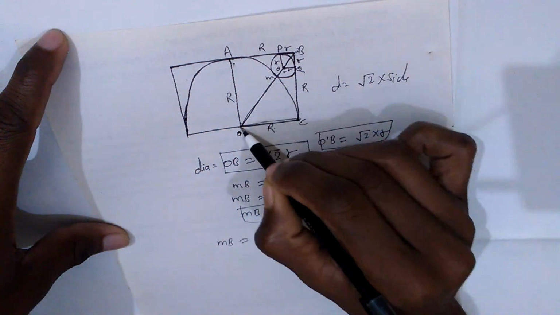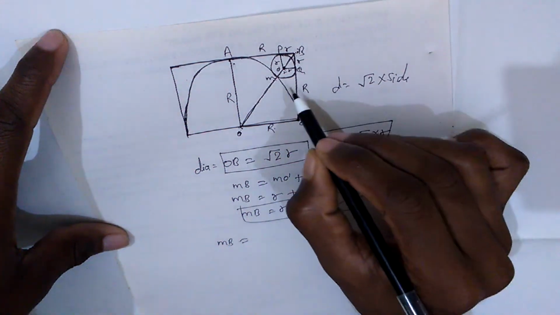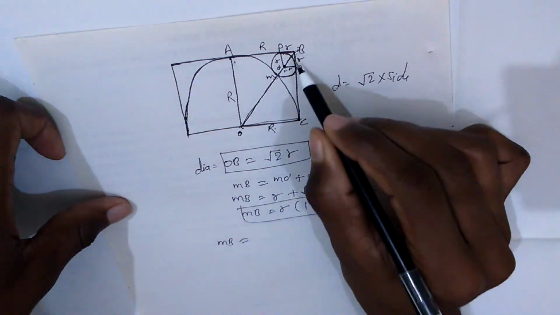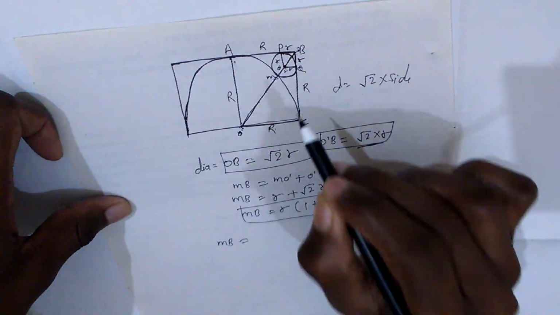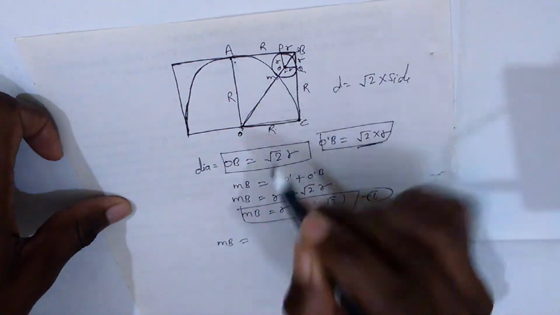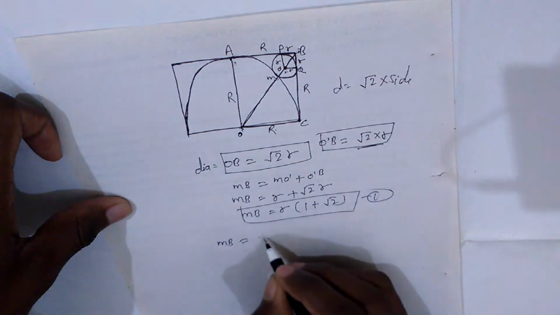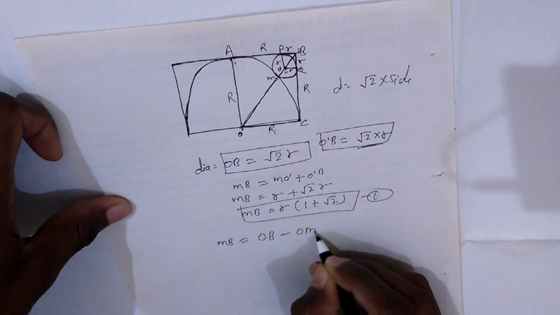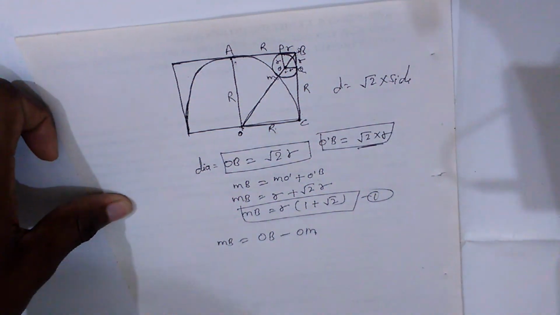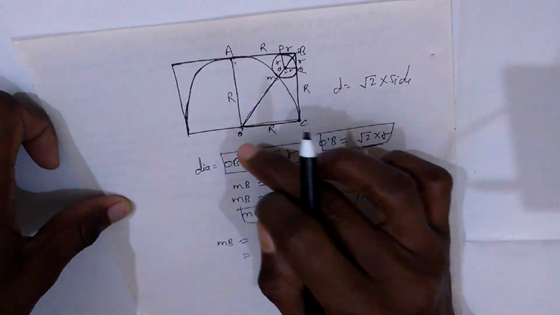And also you have MB equals to what? If you are interested to find out MB, then you have OB, this is the diagonal of this big square, minus OM. So MB equals to OB minus OM. What is OB?